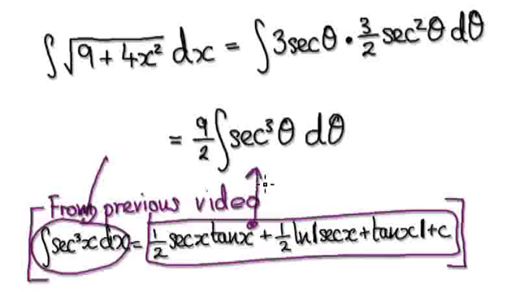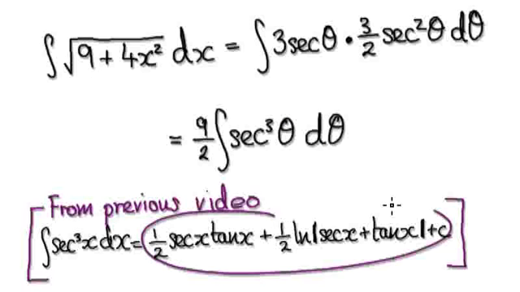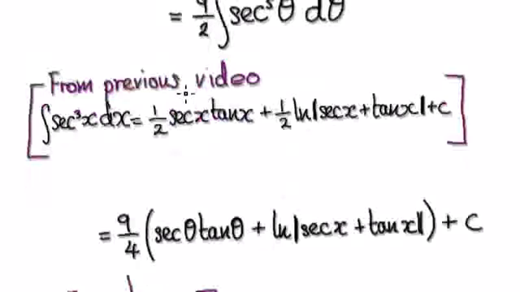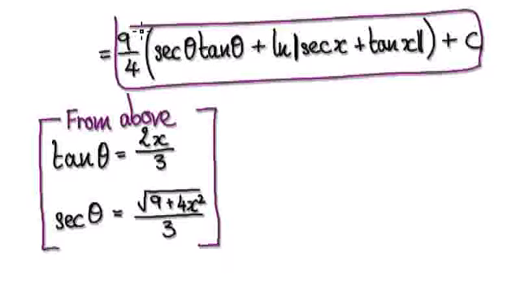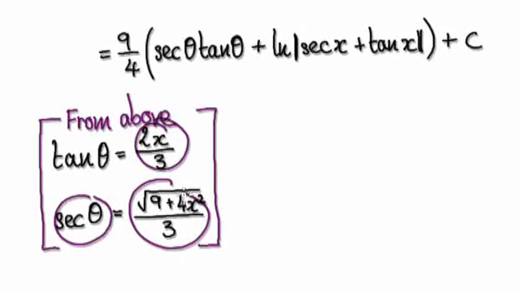So now put this into here. Okay, so integrate this, it will give you this. So this whole thing here will then become this. Okay, and then right from the start we said let tan theta be this, and let secant theta be this.